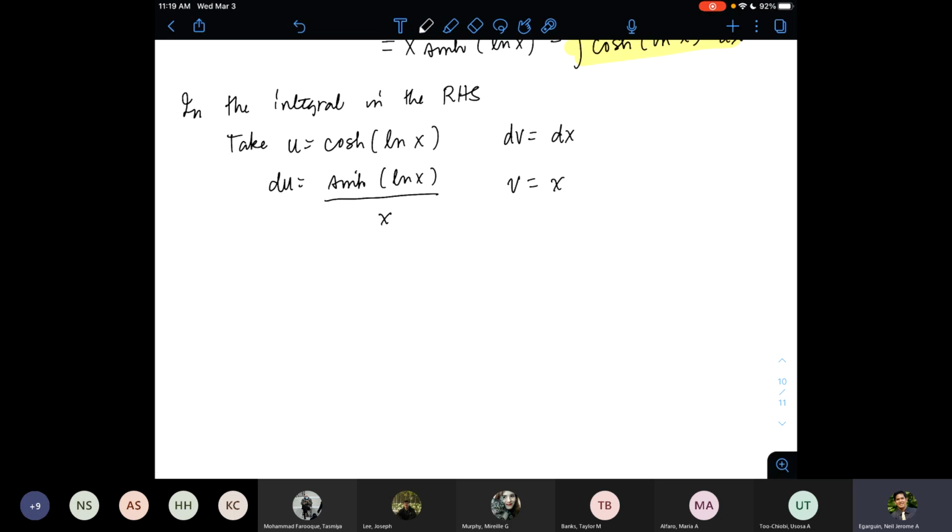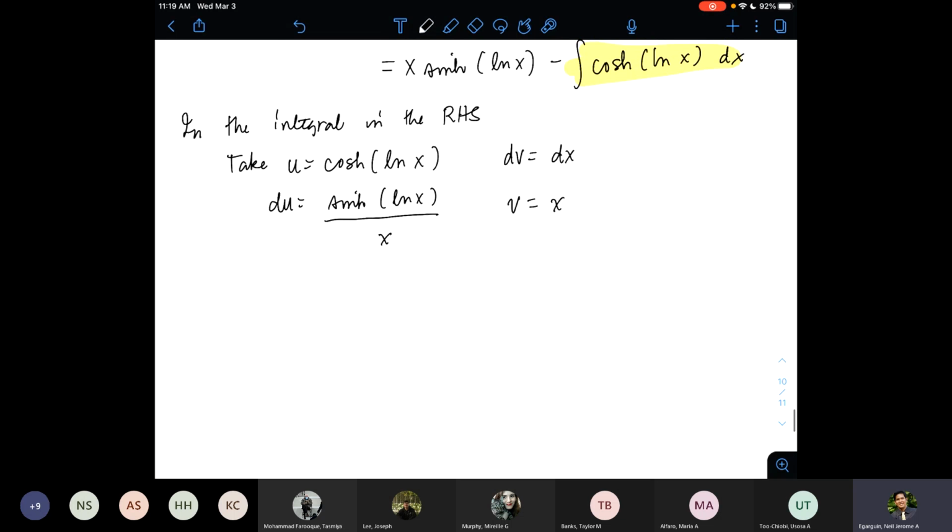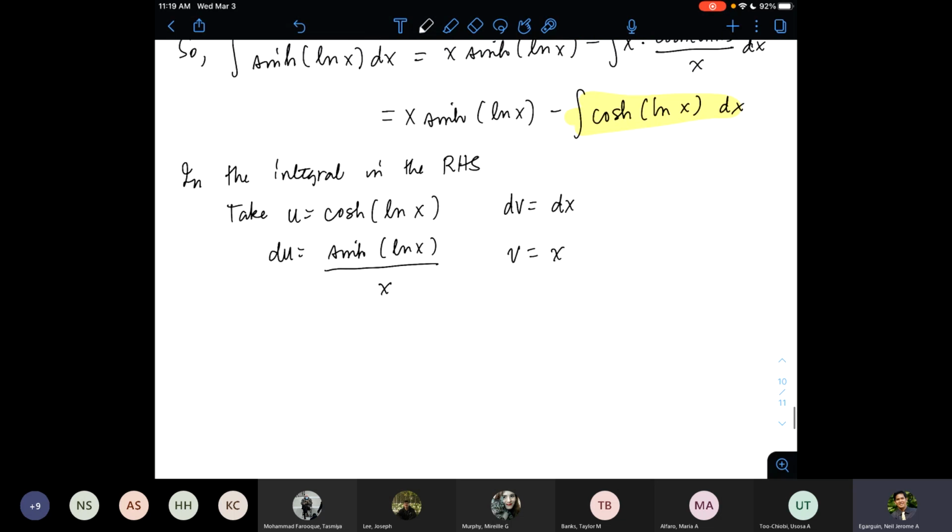And then that integral, okay, maybe I'll write it here. Our original problem, hyperbolic sine of ln x dx. First IBP told us that there is an x hyperbolic sine of ln x over here, and then minus this quantity over here.